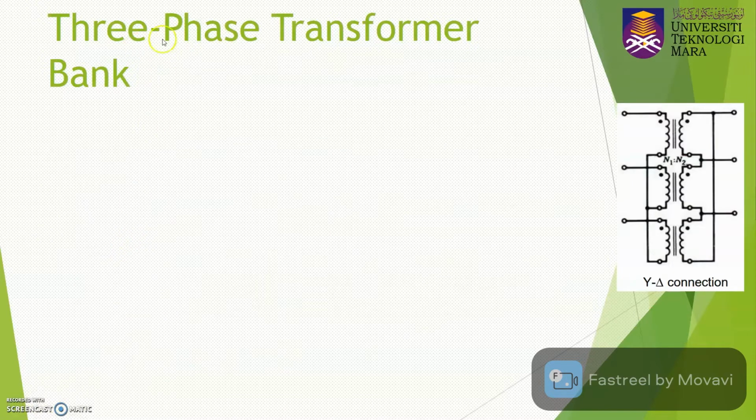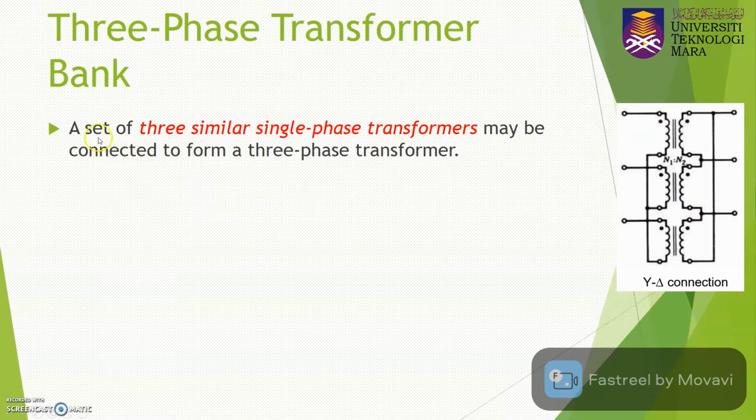Okay, for the three-phase transformer bank, this is an example of a configuration of a three-phase transformer. A three-phase transformer bank is a set of three similar single-phase transformers connected to form a three-phase transformer. Meaning that you have three different single-phase transformers, and then you combine them together to form a three-phase transformer.